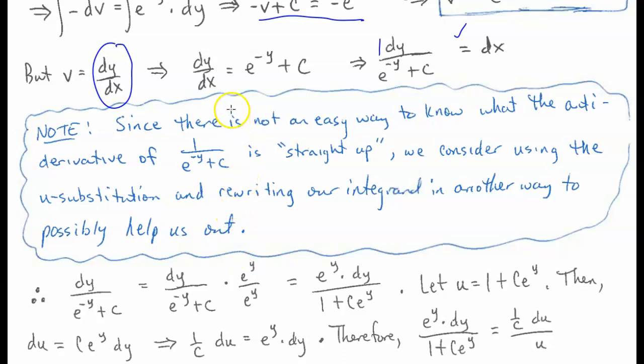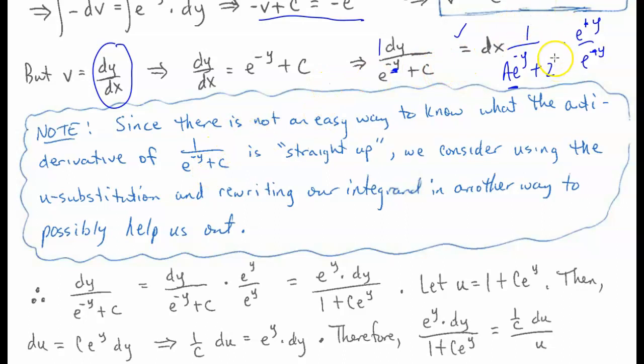And the other problem that we had, I think we actually had something like a e raised to the y plus 2, something like this, and we ended up multiplying the numerator and denominator by e raised to the minus y. So here, since this is with a negative exponent, we want to multiply both numerator and denominator by e raised to the positive y, so that in the denominator, this first term here will just be a constant.